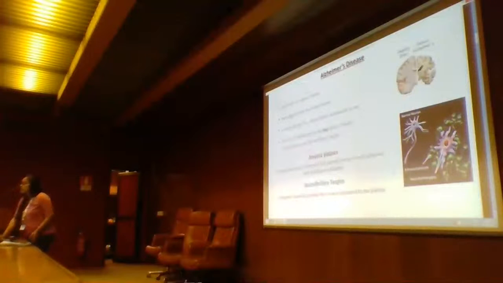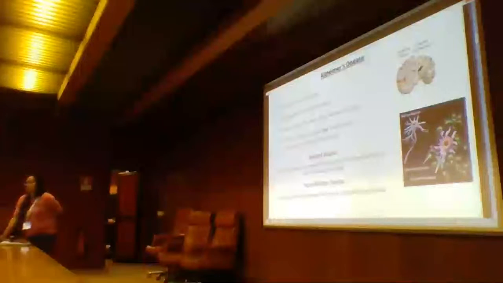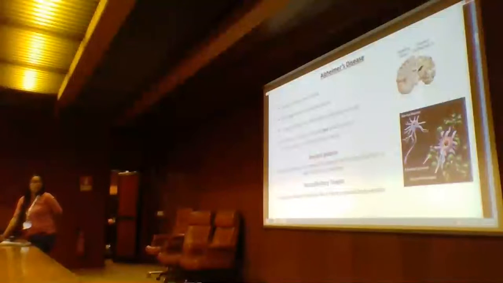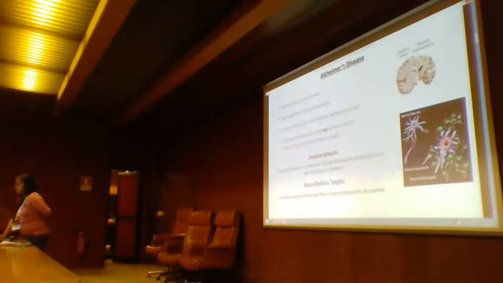So what is Alzheimer's disease? It's a neurodegenerative irreversible disease. It causes memory loss and some behavioral issues. It has two kinds of lesions, mainly amyloid plaques and neurofibrillary tangles. The amyloid plaques are almost spherical deposits of amyloid beta peptides, and neurofibrillary tangles are helicoidal fibers composed of tau proteins.